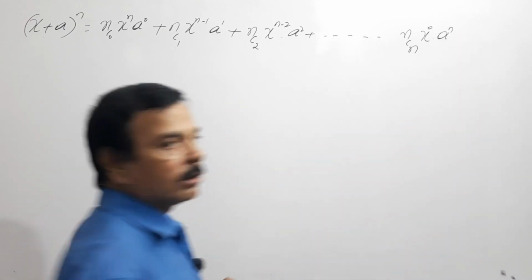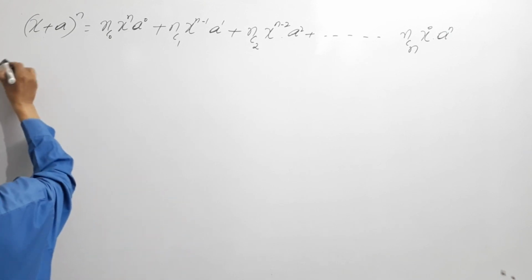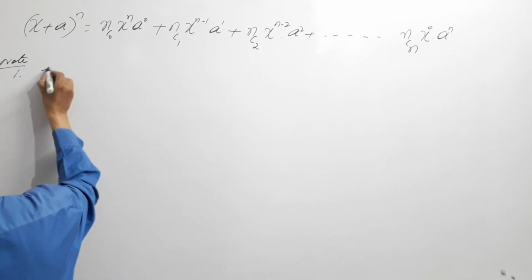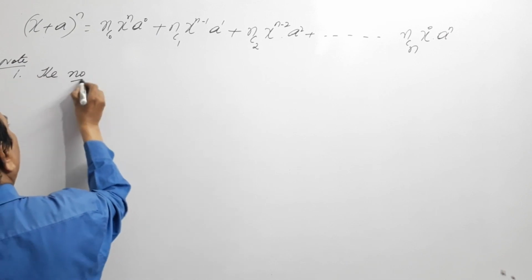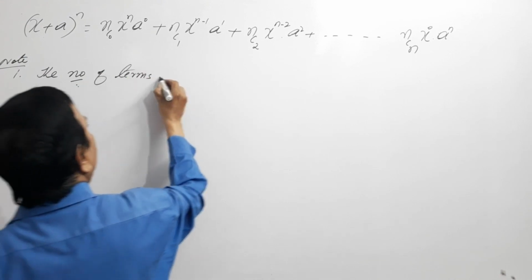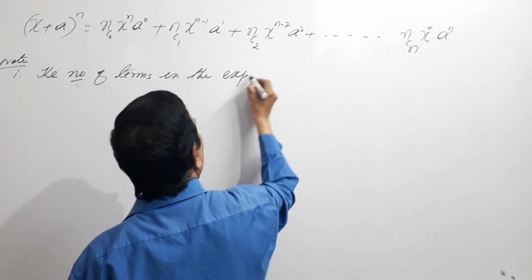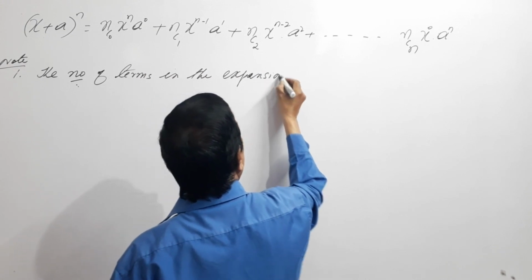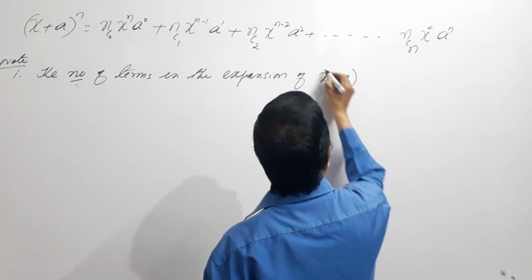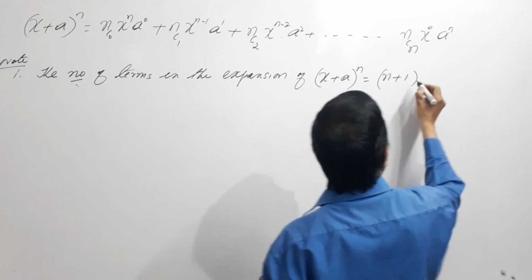This is the concept. Now please note point number 1. The number of terms in the expansion of (x + a)^n equals n + 1 terms.